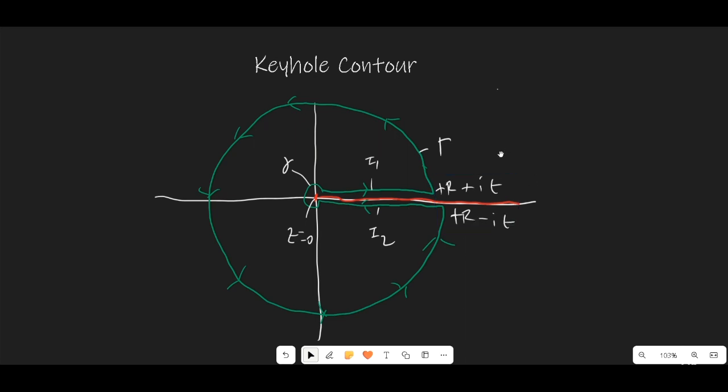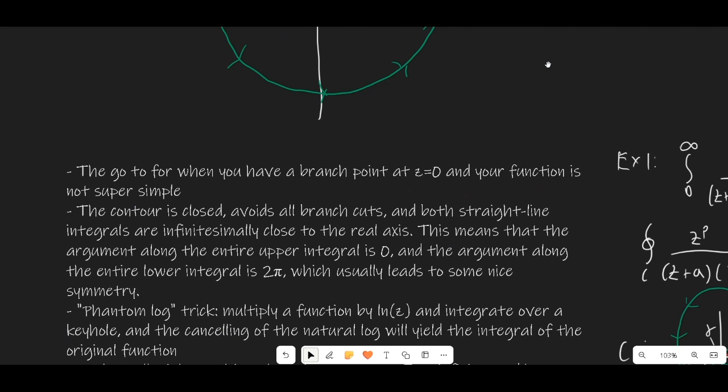Typically, they'll just be off by a factor, or by a single term, and since they're running in opposite directions, we're going to subtract them from each other, and we'll get a much simpler integral. And so the appeal of this is, whenever we have a nice little branch cut right here, this keyhole contour is really nice because it completely avoids that, and it still gives us this nice circular action, which allows us to not have too many parts of an integral that we need to evaluate.